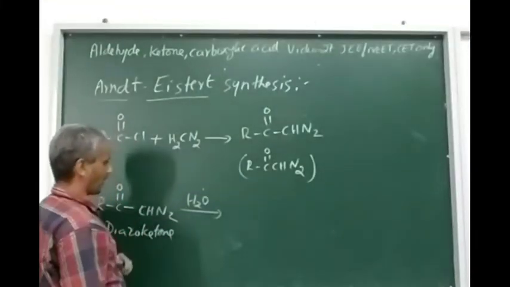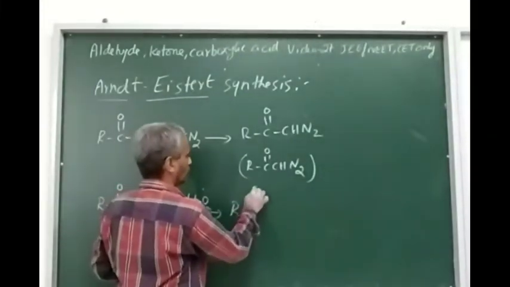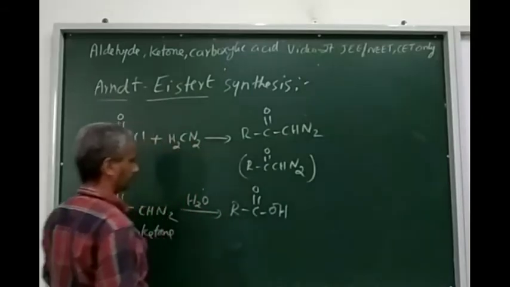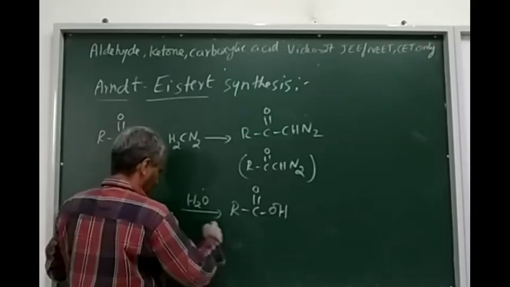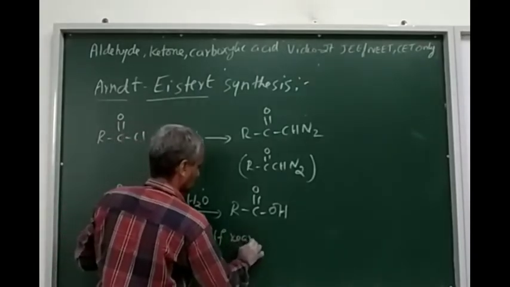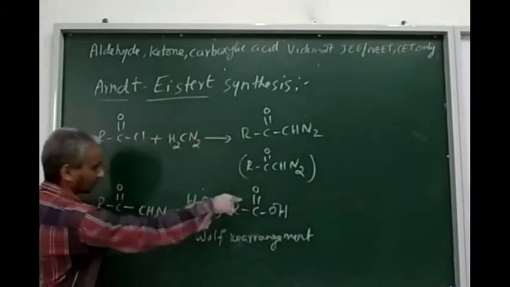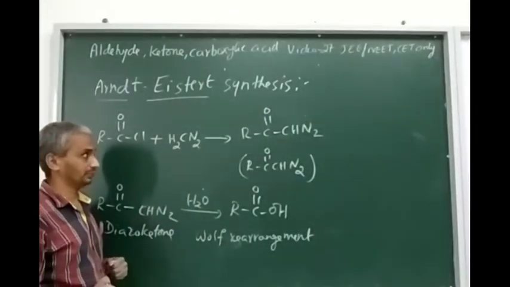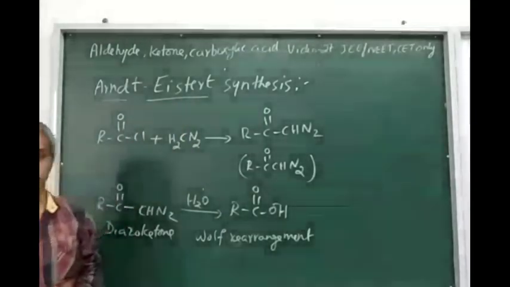This acts as a nucleophile and gives RCOOH, carboxylic acid. And here, this conversion happens with the Wolff rearrangement. The second step, Wolff rearrangement, will be there. And this whole process is the Arndt-Eistert synthesis.